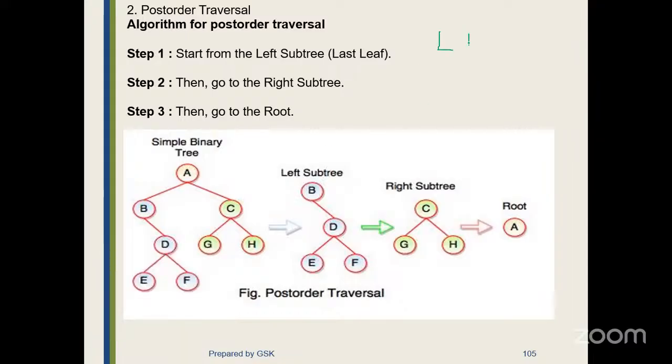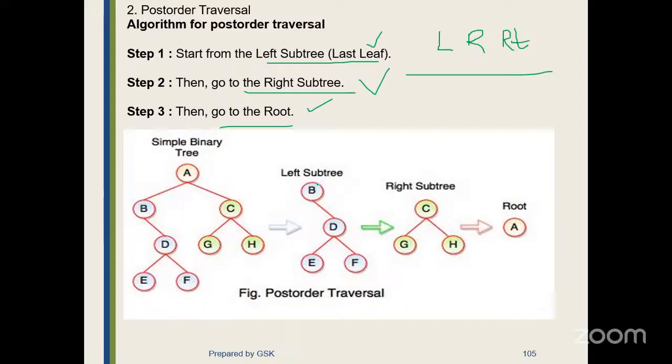Left, right, and last you need to visit the root node. This is the formula. See the algorithm. Start from the left subtree, go until the last leaf, and then go to the right subtree. Then go to the root node.